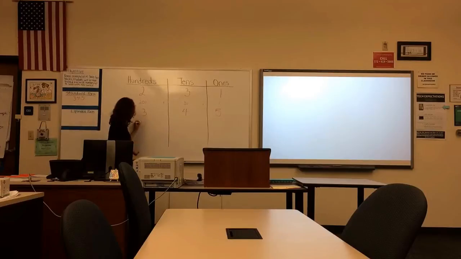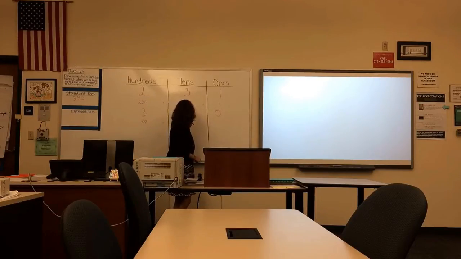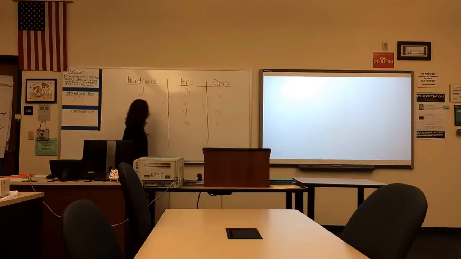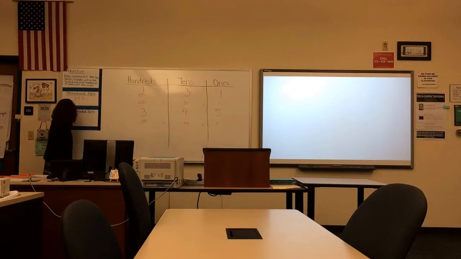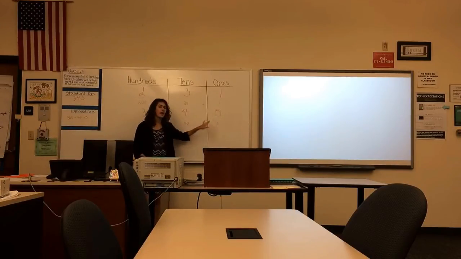So 300 plus how many tens? What does the 4 represent? 40 plus how many ones? 5. So our expanded form would be 300 plus 40 plus 5. So 300 plus 40 plus 5 equals 345.